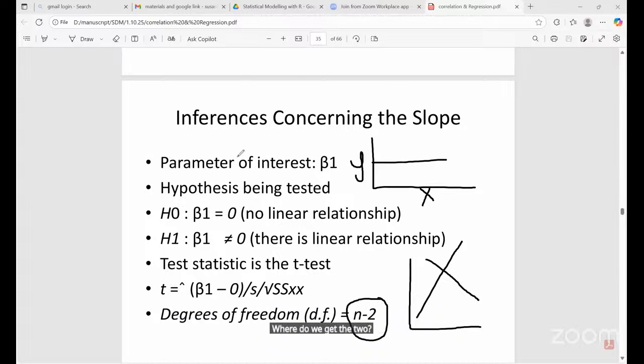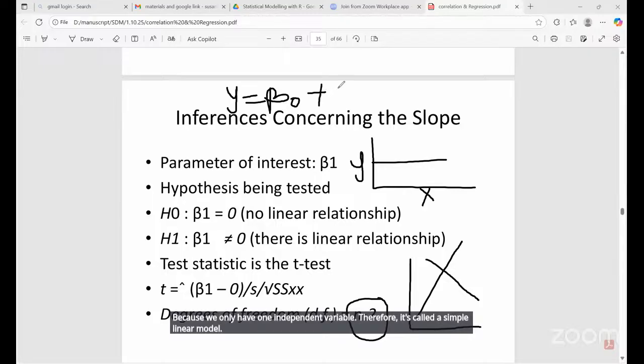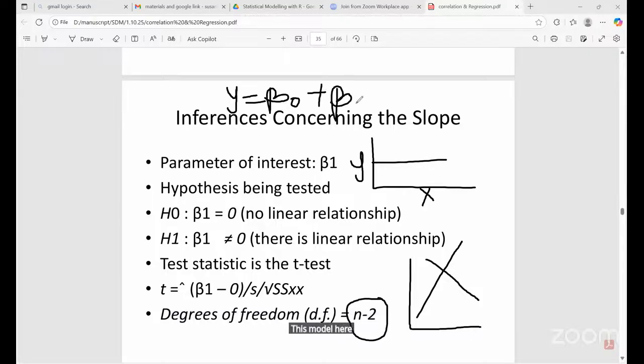In our model, which is the simple linear model, because we only have one independent variable, therefore it's called the simple linear model. This model here. We have two parameters, the intercept and the slope. That's why here we have the degrees of freedom n minus 2. We shall see later the details of degrees of freedom. Any questions so far?